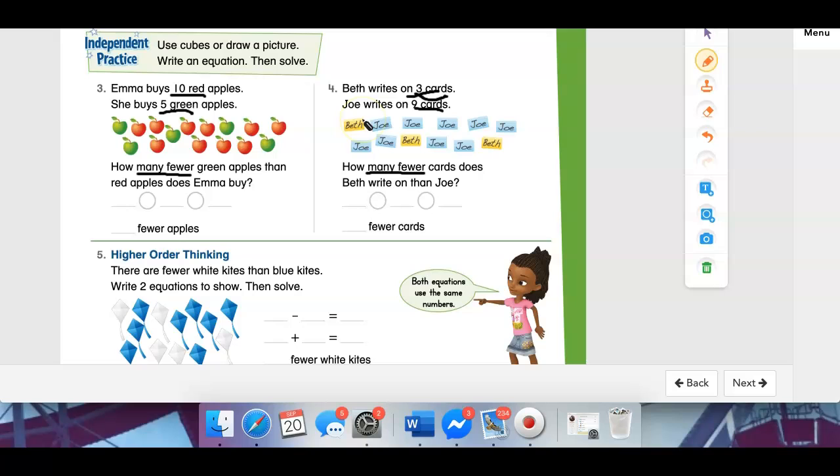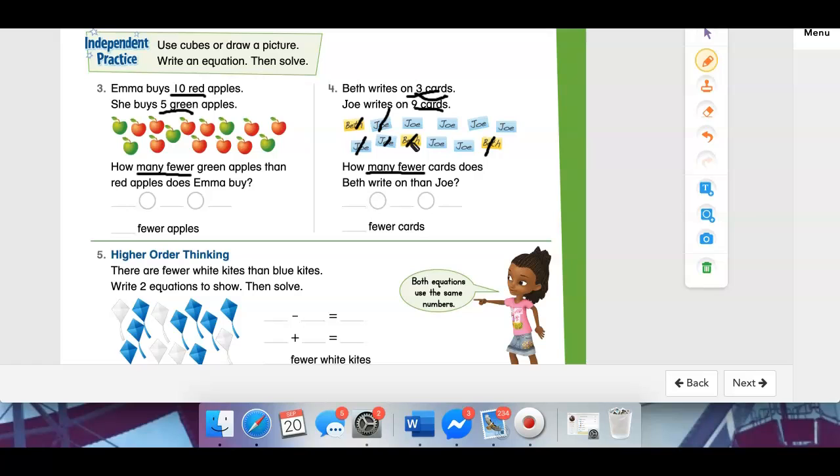If Beth wrote on 1, 2, 3 cards, okay? If Joe wrote on 1, 2, 3, well, Joe still has a lot of cards left over compared to how many Beth did.